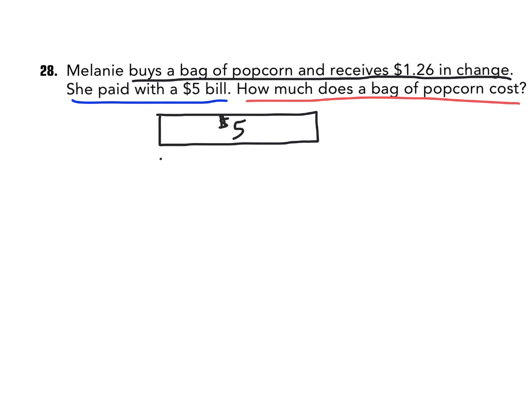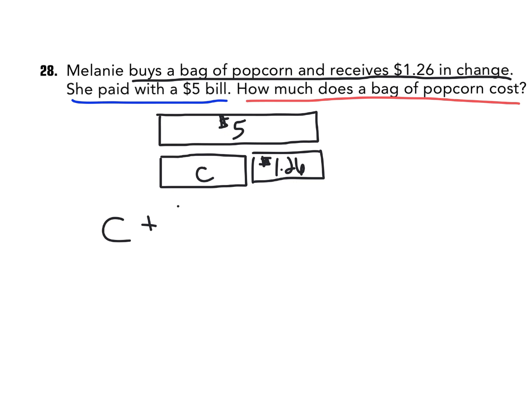So we have the cost of the popcorn. If you want to do C for cost or P for popcorn, she got $1.26 in change. So the cost plus $1.26 would be equal to $5.